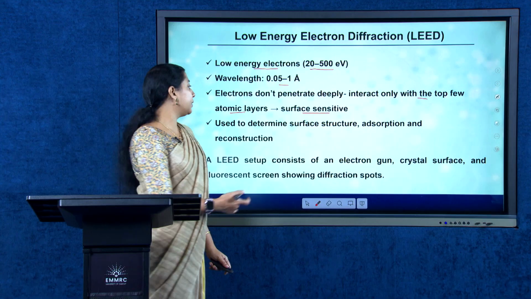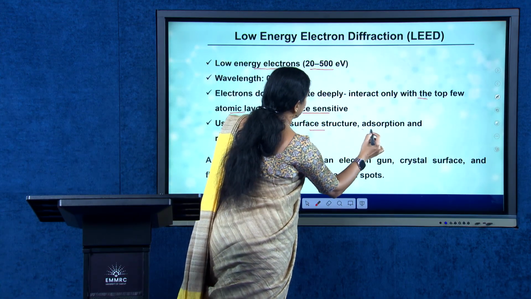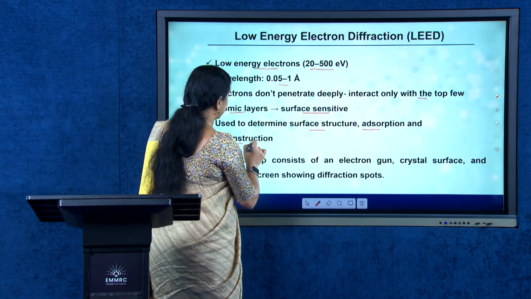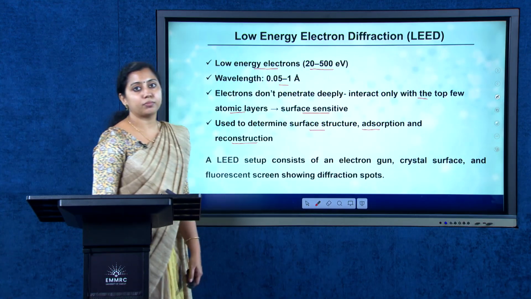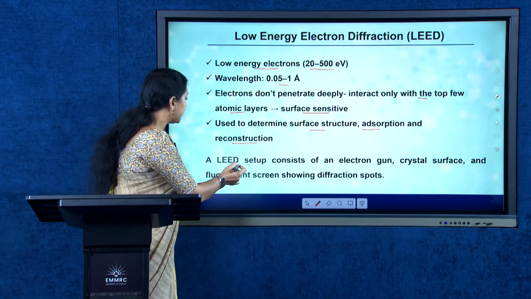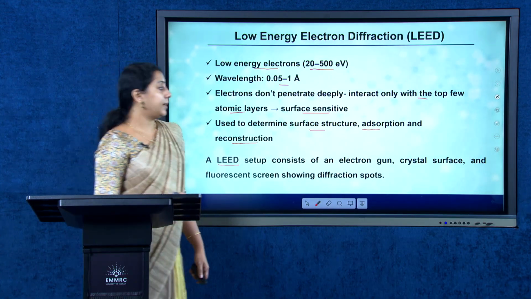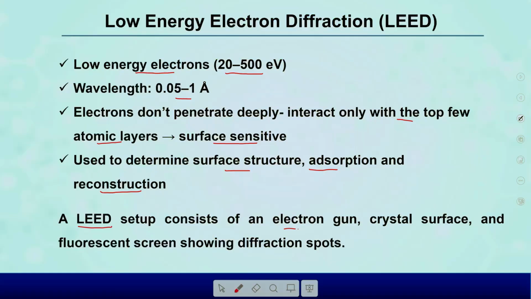As I said earlier, it is used to determine the surface structure, adsorption as well as surface reconstruction. As we discussed earlier, the LEED method also consists of an electron gun. We need a sample, that is a crystal surface, and again the detector is a fluorescent screen showing the diffraction spots.